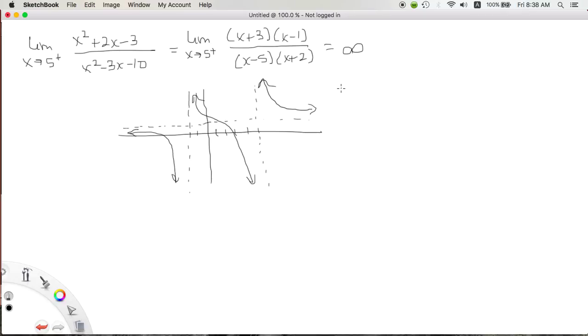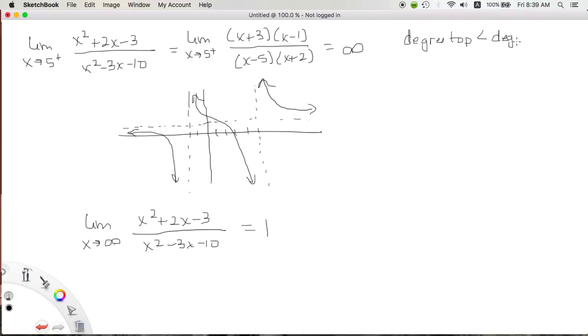Now for this, y equals 1 is our horizontal asymptote, which means that the limit as x goes to infinity of this function equals 1. Now, there's a couple of different ways we can do this. You can remember your horizontal asymptote rules. If the degree of the top is less than the degree of the bottom, then you have a horizontal asymptote at y equals 0.